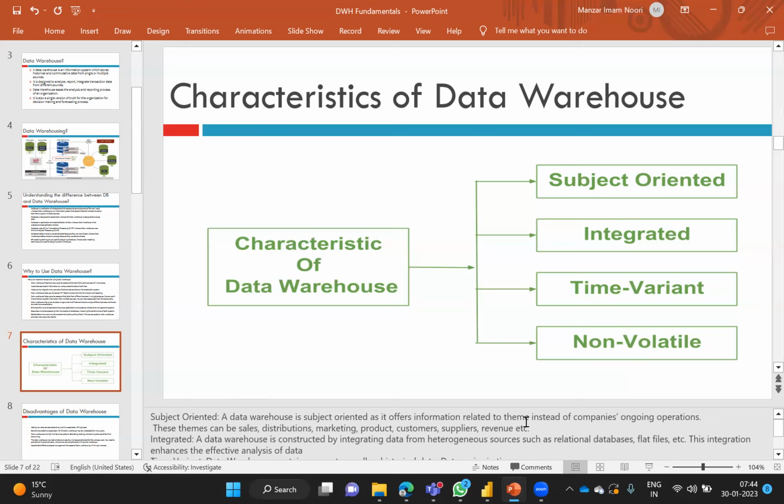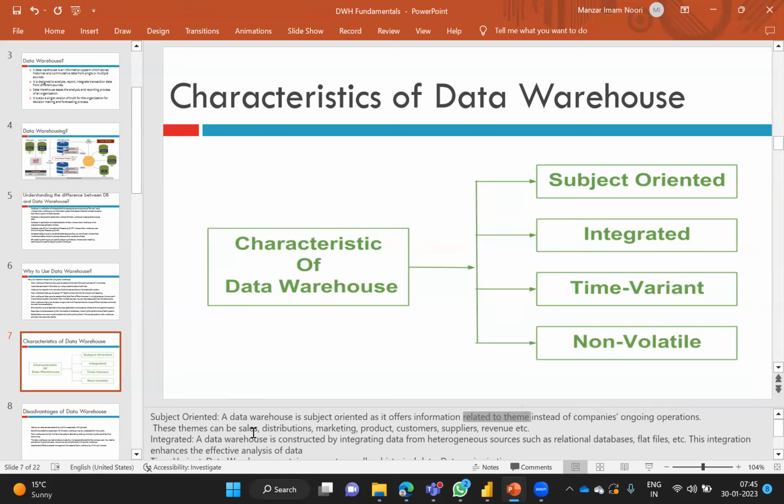You can see some definitions here, like subject oriented. It offers information related to a theme, instead of the company's ongoing operations or applications. So subject oriented data is related to the theme, okay?